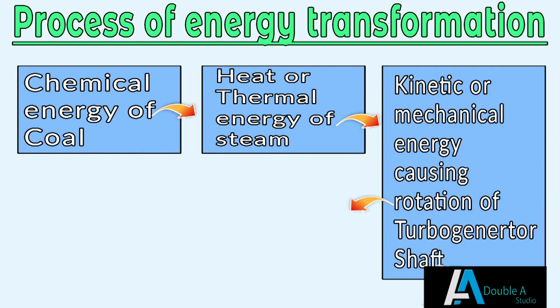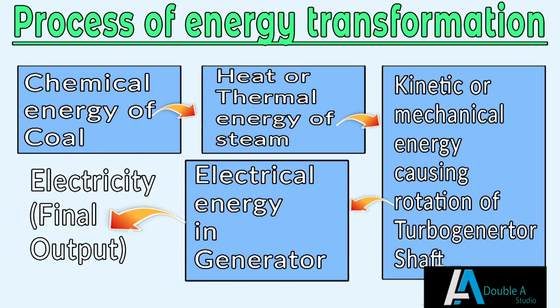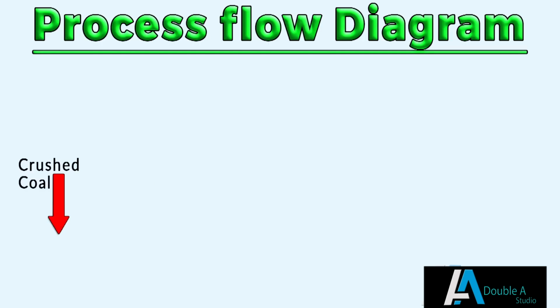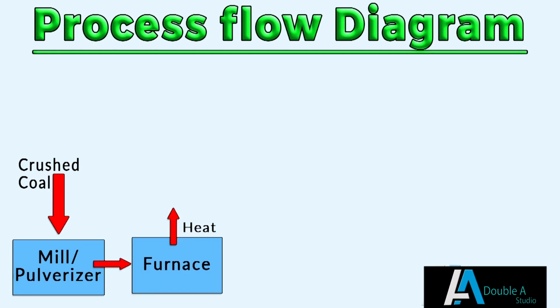Steam is sent to turbine where heat energy of steam is converted to kinetic or mechanical energy, which rotates the turbine. As a result, generator shaft coupled with turbine shaft also starts rotating, and this generates electricity. Here we can see process flow and energy transformation diagram.